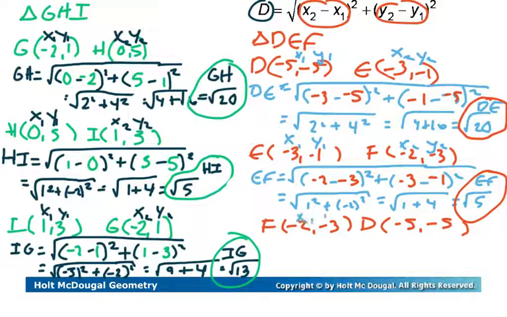If we apply that this is x1 and y1, and this is x2 and y2, we have that the distance of FD is the square root of our x2, which is negative 5, minus our x1, which is negative 2. That difference squared, and then added to negative 5 again, minus y1, which is negative 3.